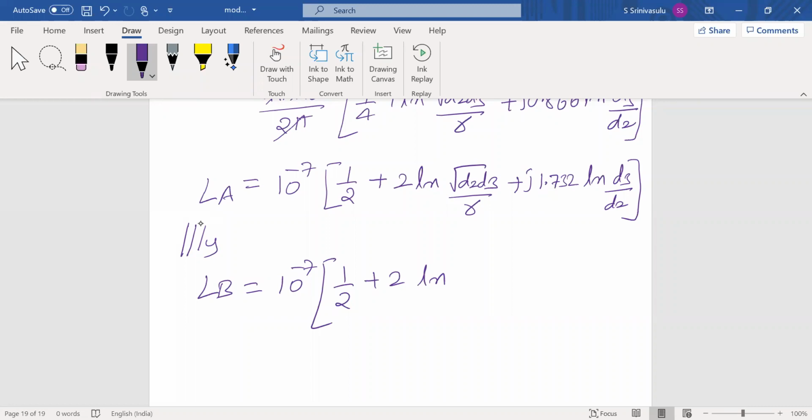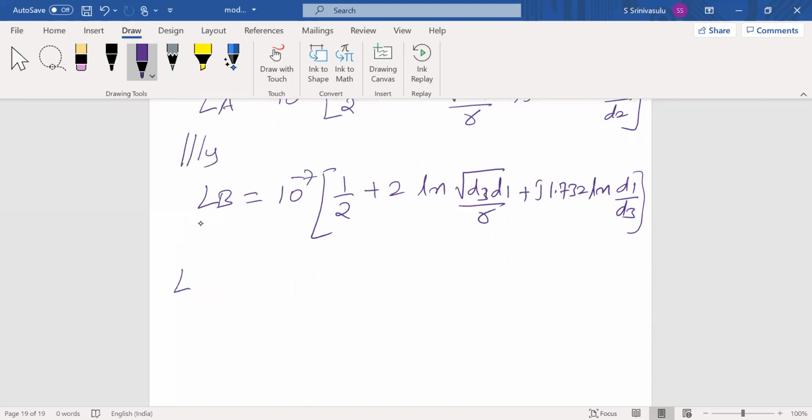Mutual flux will be phi A and phi B. Now what is the distance? One is D1, another is D3. D3 and D1 will come by r plus j 1.732 half ln of D1 by D3.